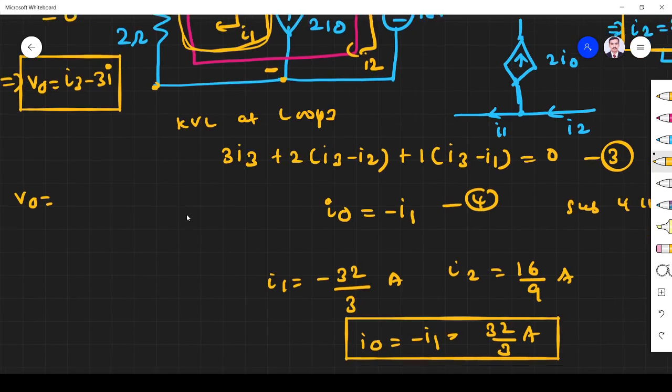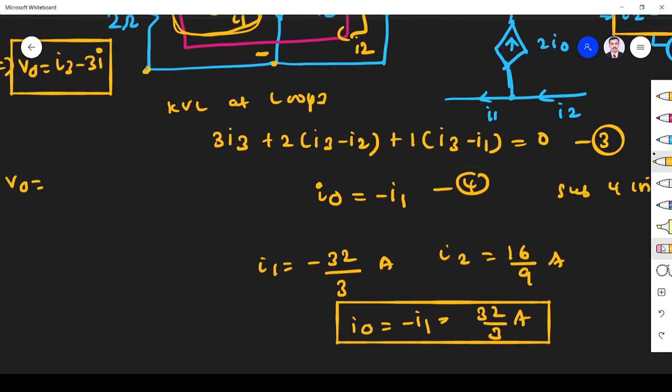Please make the changes here. Sorry for the wrong answer. I2 we got as 32 by 3, I3 is 16 by 9.